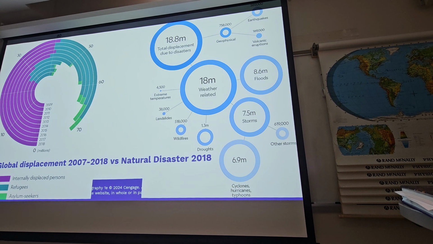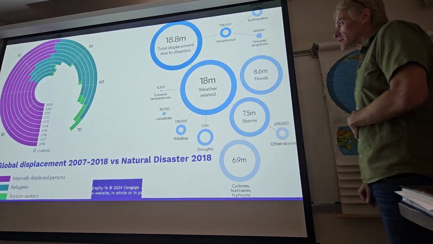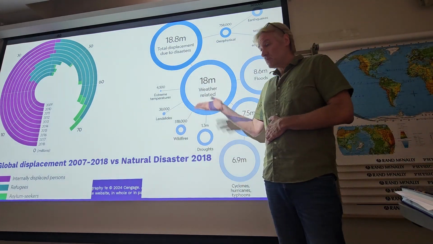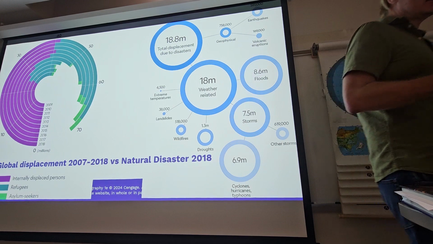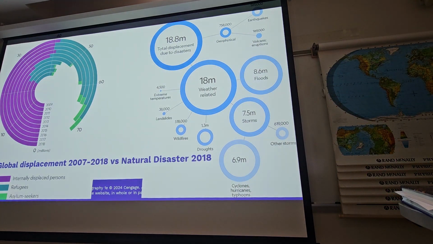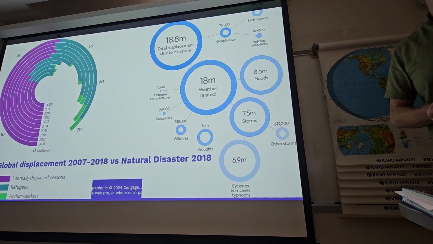Some data from our book, just looking at ratios and numbers of people who are displaced by natural disasters. It's quite a bit, but it's nothing compared to people who are moving for economic opportunities. But there's still plenty of this happening.